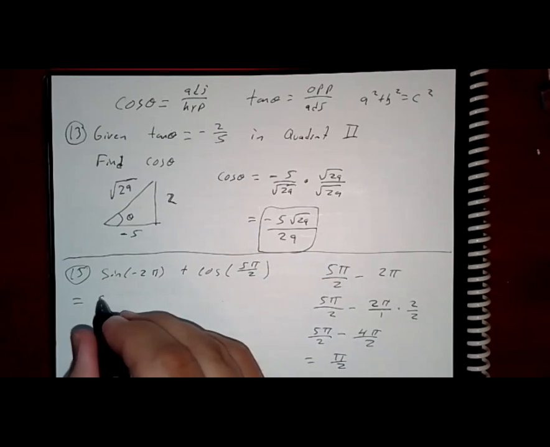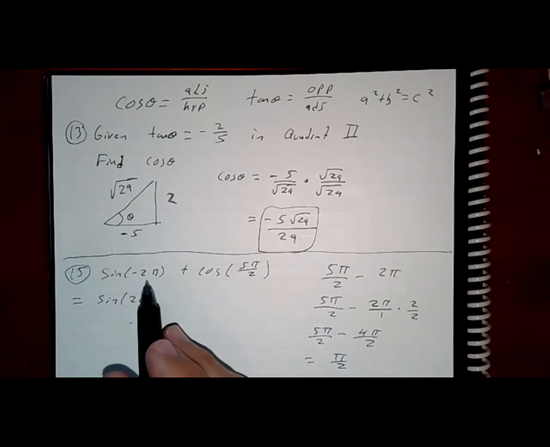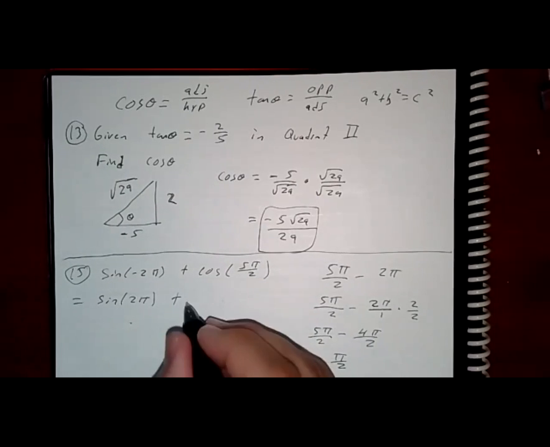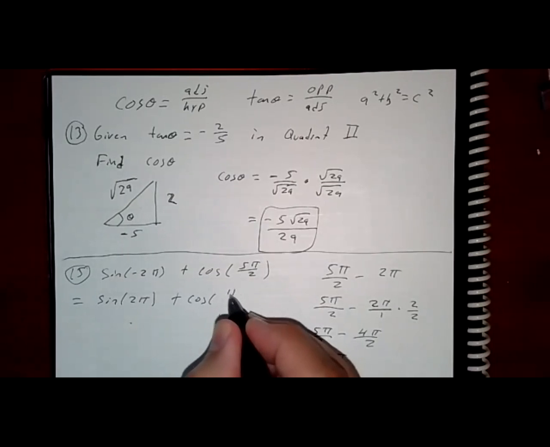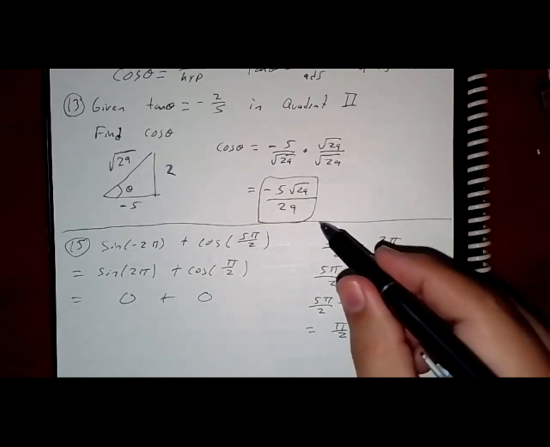So this is the same as saying sine of 2 pi, because this is just going 360 degrees in a negative direction, so I can just change it, plus cosine of pi over 2. At this point, you should look at your circle. This will be 0. This will be 0. So the answer is 0. The only work I could really do is this, just to make it more obvious that this is going to be 0.